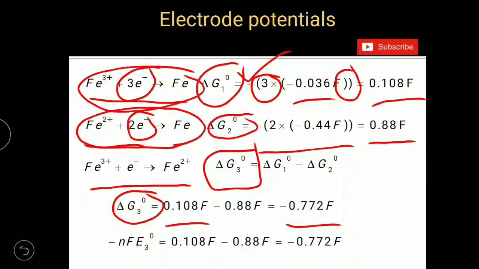So minus NF E3 naught equals 0.108 Faraday minus 0.88 F, which is equal to -0.772 F. But what is N here? For the third equation, N is 1 because 1 mole of electrons got involved in the process.